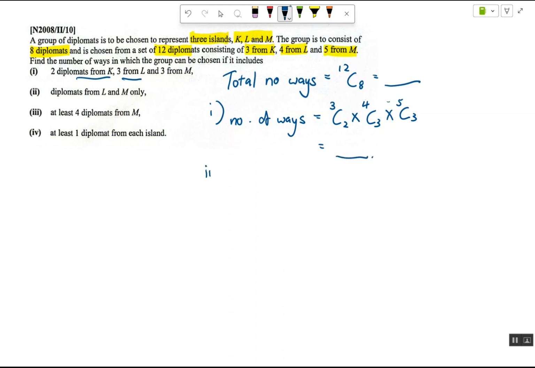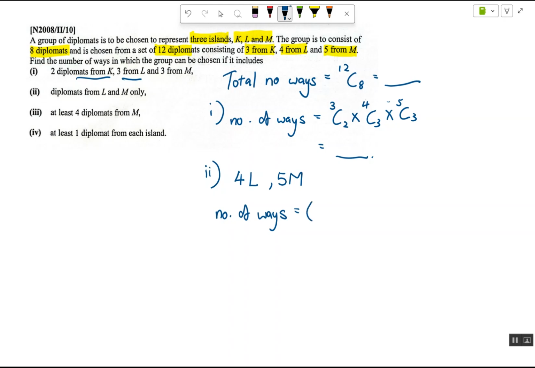The next part is if I want diplomats from L and M. So I have 4 persons from L as well as 5 persons from M. I'm not going to choose any from K. In this case you need 2 cases. When I have 2 cases, I need to do the addition principle.